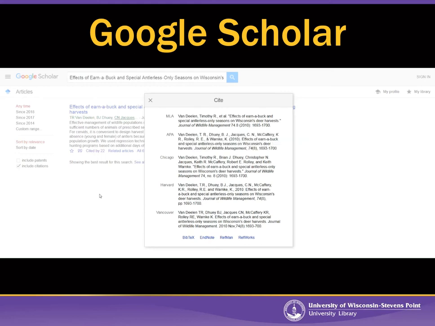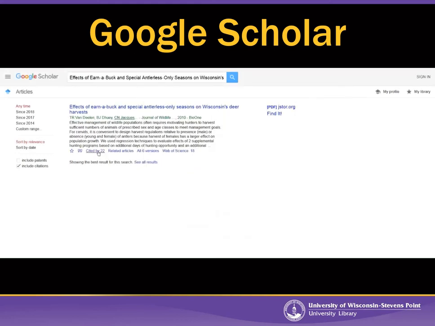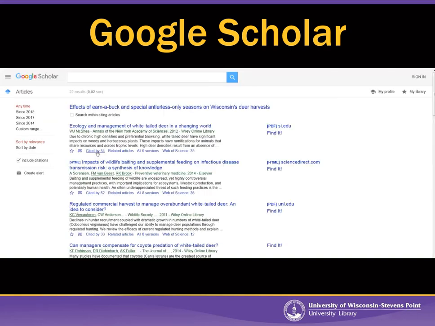However, I want to focus on the cited by link. This deer hunting article has been cited by 22 other sources, and every single one of those sources is newer than 2010. Let's look. So I'm going to click on Cited By, and it lists the 22 sources that have cited this original deer hunting article.